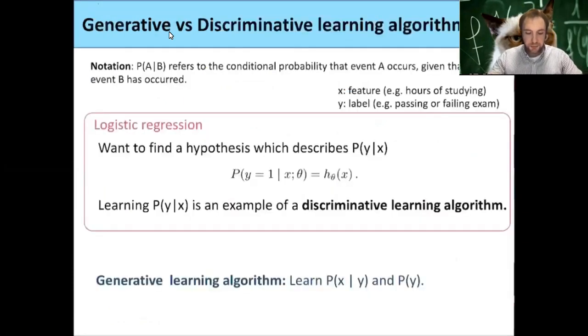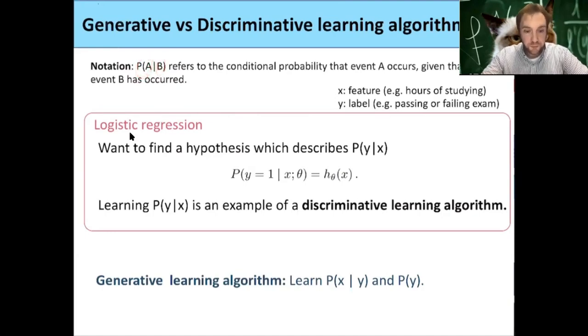Okay, so first let's recall some notation we will use a lot today. We will use a lot of notation from probability theory. What we already used in the case of logistic regression was this notation from conditional probability. If A and B are events, then P(A|B) denotes the probability that event A occurs given that B occurs.